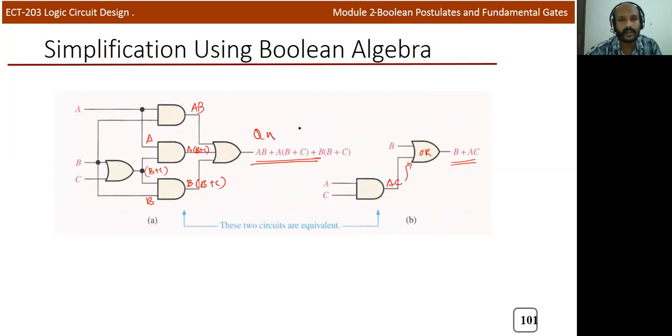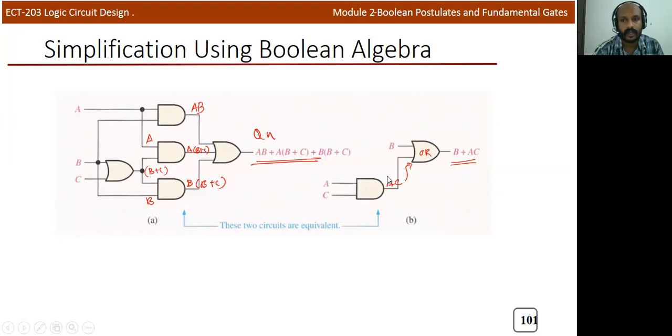So that's why we are going for this Boolean simplification. So the logic circuit can be reduced. Okay, by applying different rules, we can reduce the circuit. Okay, then we can say these two circuits are equivalent. Both will give you the same result. And if you apply these Boolean theorems, you can reduce the circuit complexity also.